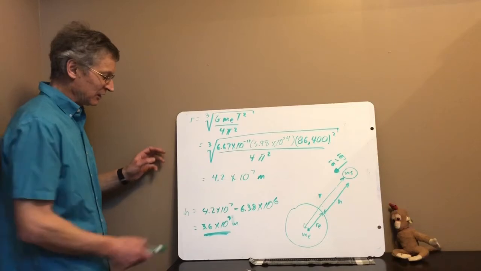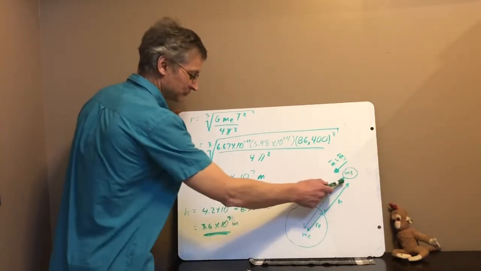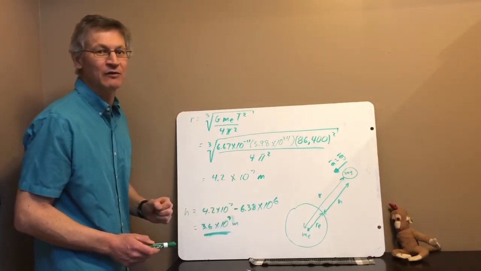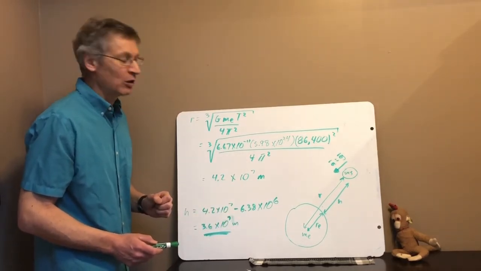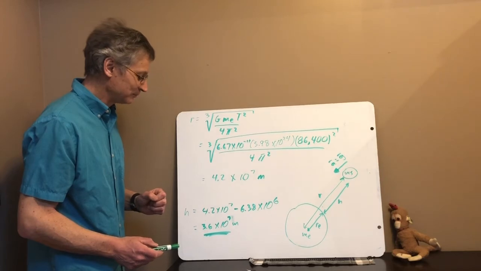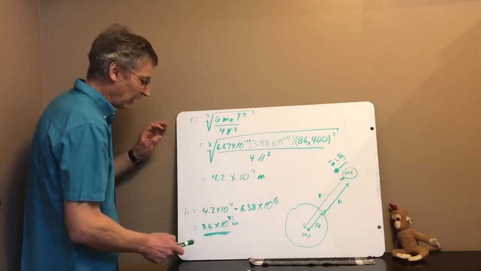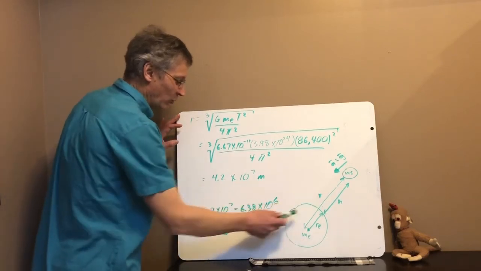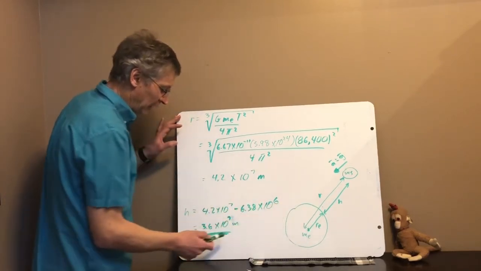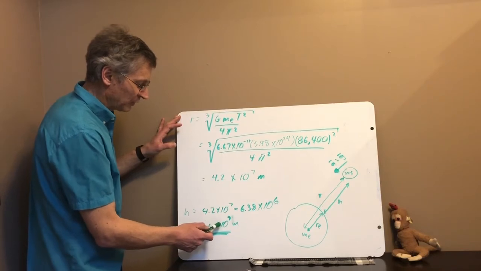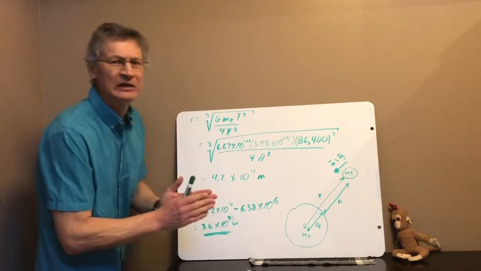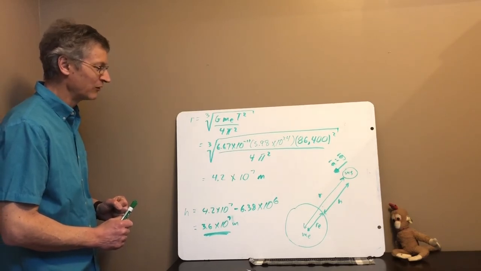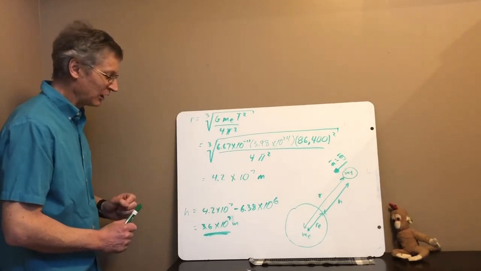Again, you can look up the radius of the Earth on the table of solar system data in the Kepler's laws assignment. You get 3.6 times 10 to the 7th meters. I hope you get 3.6 times 10 to the 7th meters. I hope I haven't made a mistake. I don't think I did.